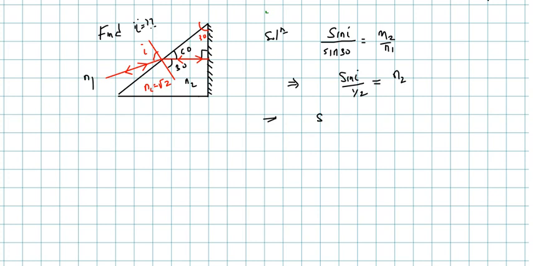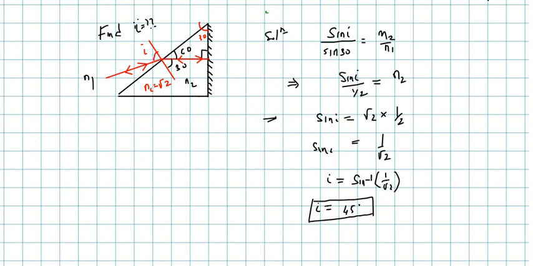So sin I would be equal to root 2 into half. Rationalizing it, I am getting 1 by root 2. So I equals sine inverse 1 by root 2. So I must be equal to 45 degrees. That's it. This is the answer.